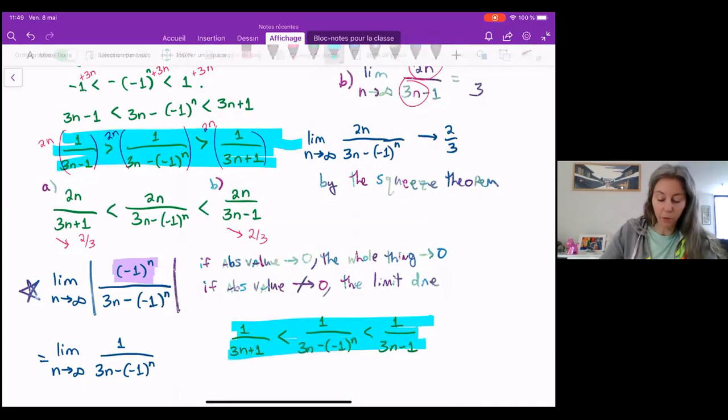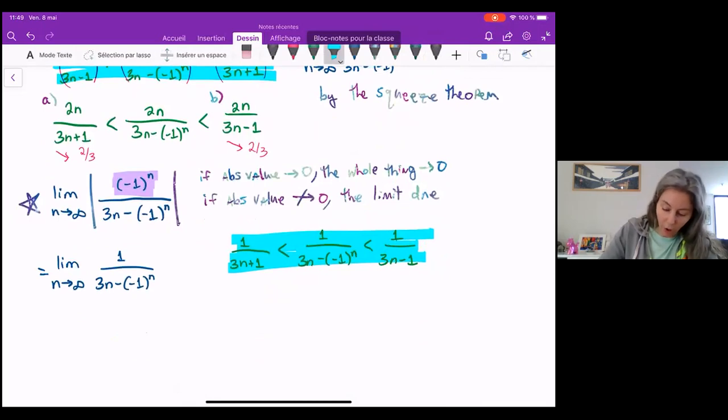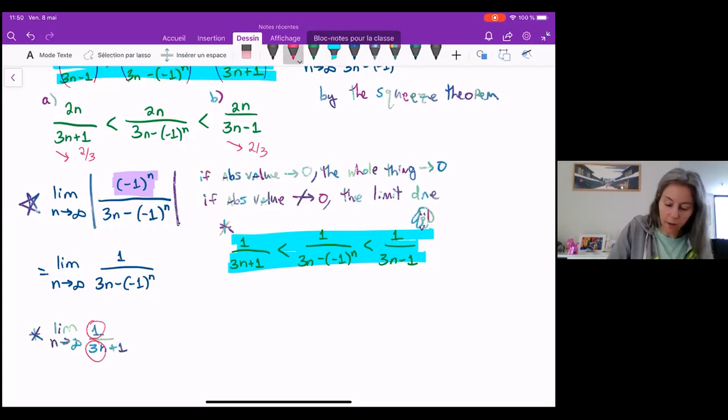Well, then I've bound both of those things already. So this one right here we'll call asterisk, and this one we'll call puppy dog. And asterisk, we can see the limit as n approaches infinity of 1 over 3n plus 1. We can just take the big stuff, the 1 on top and the 3n on bottom, to get 1 over infinity, and 1 over infinity we know is going to 0.